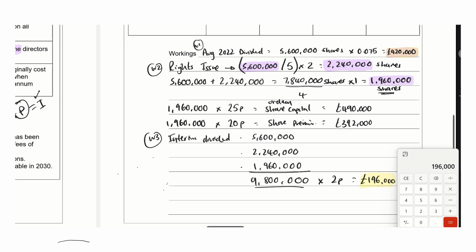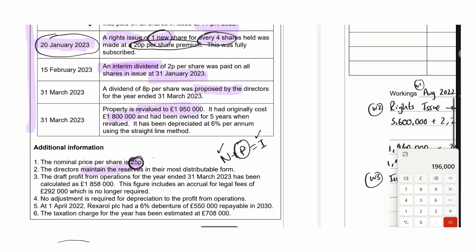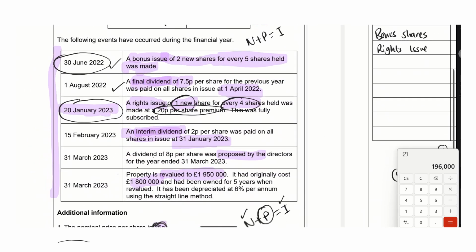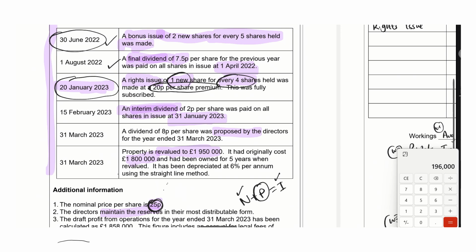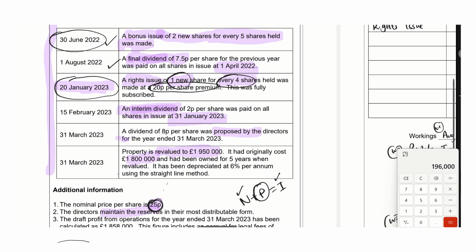Okay. So I think we have a third dividend as well, so we might need to include that, but when we come across that, we'll see if we need to or not. Okay, it's actually on the next line, so that's perfect. So listen to the question very carefully. It says on the 31st of March 2023. So this is still within our financial year because our financial year ends on that date. A dividend of 8p per share is proposed by the directors for the year end.